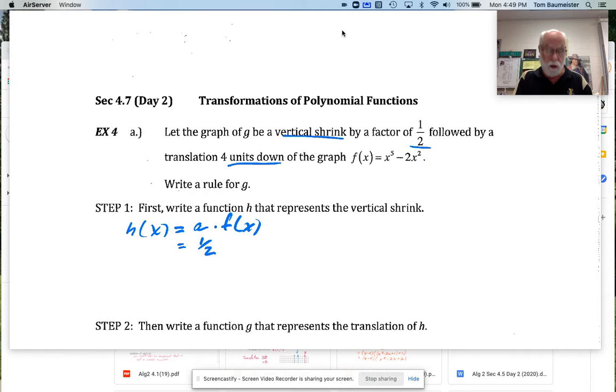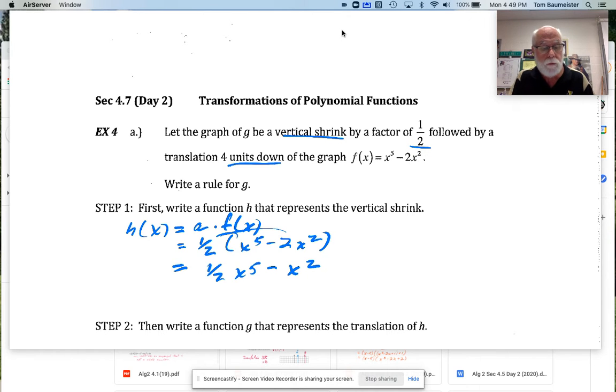So we multiply our 1/2 by f of x, which is x to the 5th minus 2x squared. Now if I distribute that 1/2 through the parentheses, I'll have 1/2 x to the 5th. 1/2 of -2 is -1, so we can just write it as x squared.